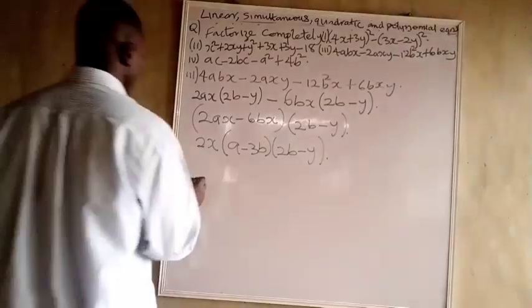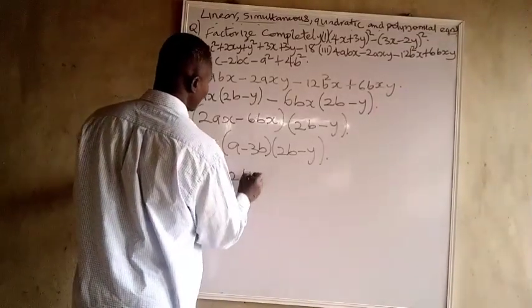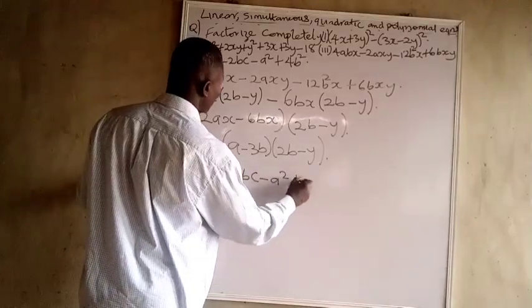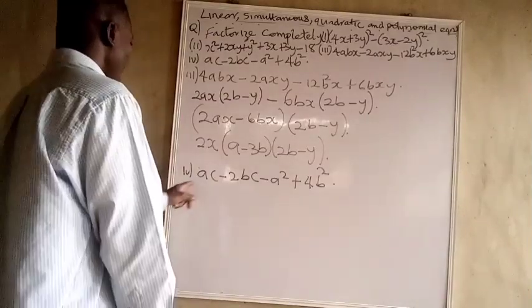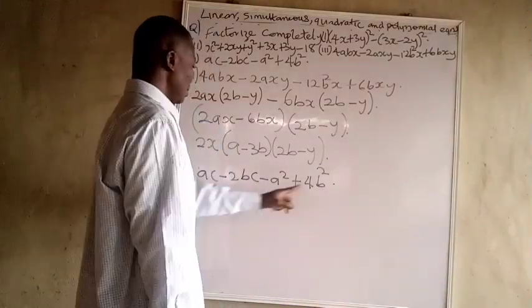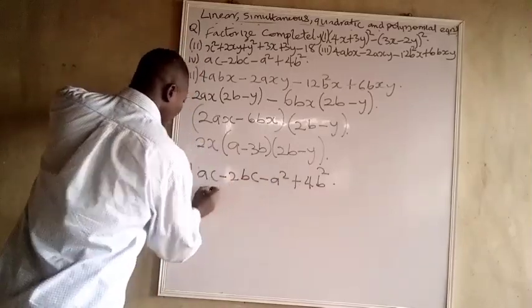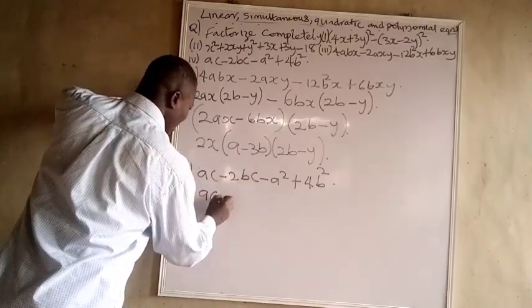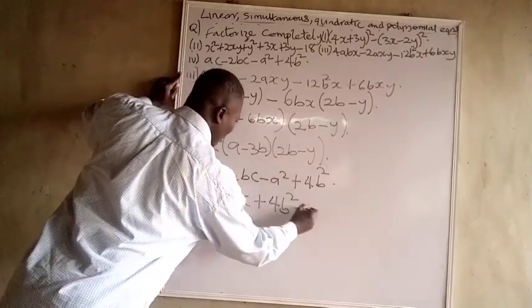So the fourth one, we have ac minus 2bc minus a squared plus 4b squared. Let's factorize this. This one is going to give me ac minus 2bc plus 4b squared minus a squared.